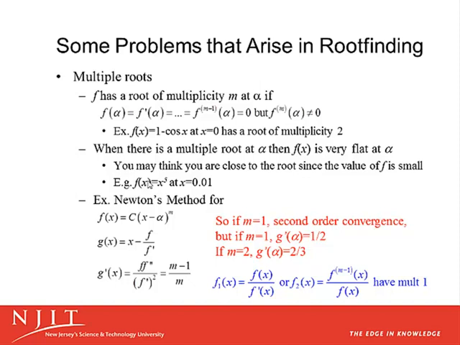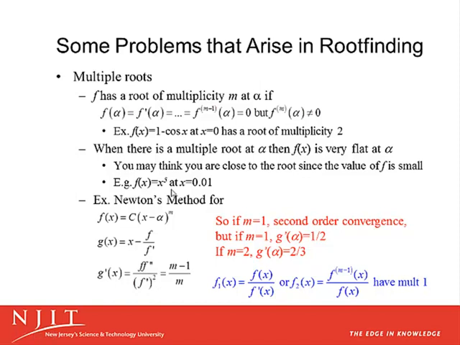And let's discuss this for Newton's method in particular. Suppose we take a simple equation. f of x is some constant times x minus a to the mth power. Then g of x is x minus f over f prime. I'm using some shorthand here. g prime of x is f double prime over f prime squared, as we saw on the previous page.